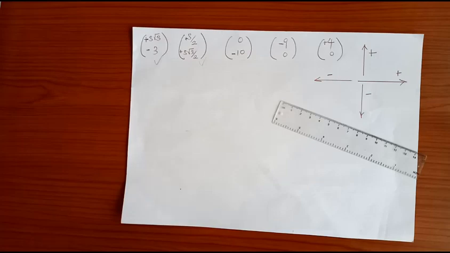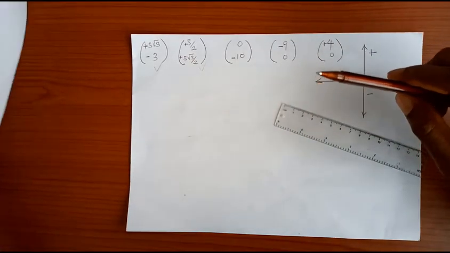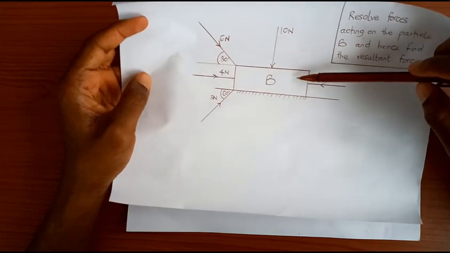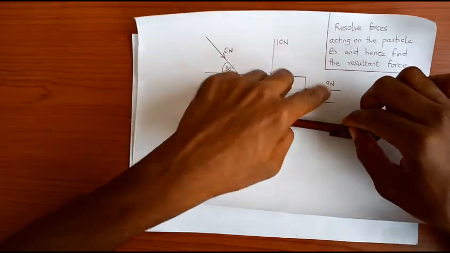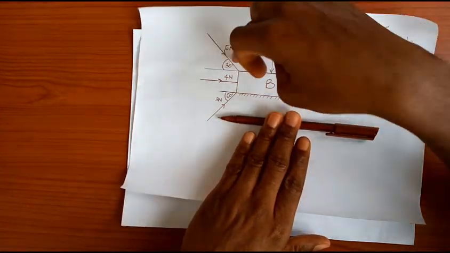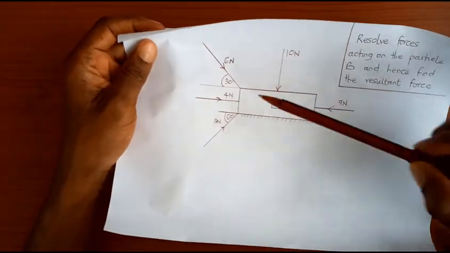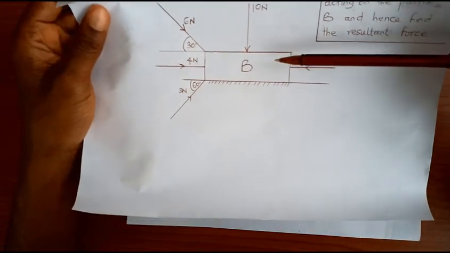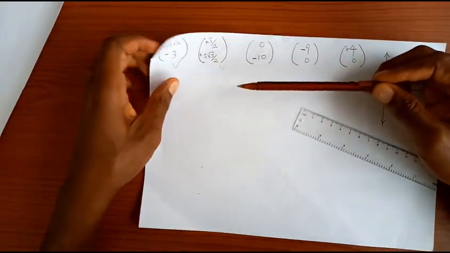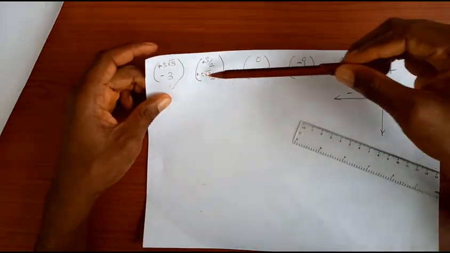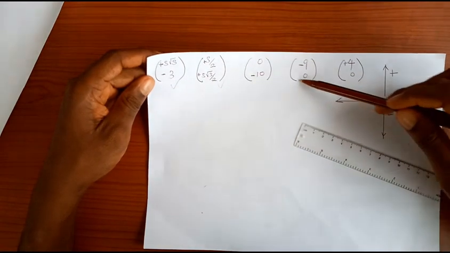Before I proceed, let me explain a concept. Assuming I didn't want this body B to move, imagine the body hasn't been hinged, so it's free to move under the action of these forces. Now, I want to see the overall effect of these forces on this body. Ideally, if you want a zero effect on this body, all the x components acting on the body should sum up to 0, with the y components also summing up to 0.